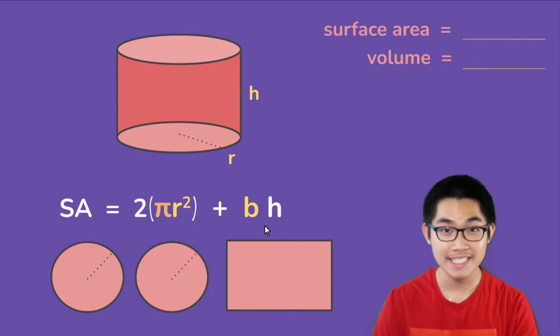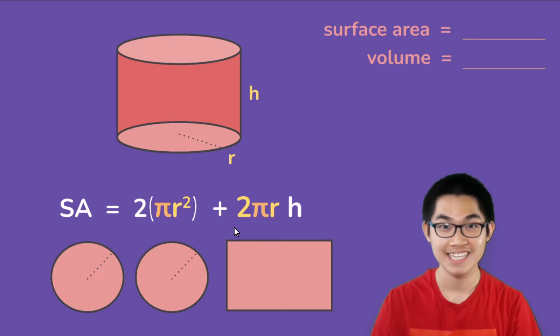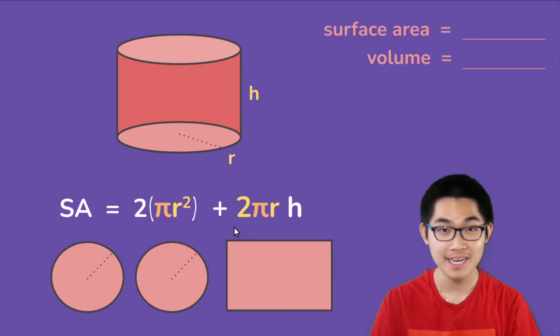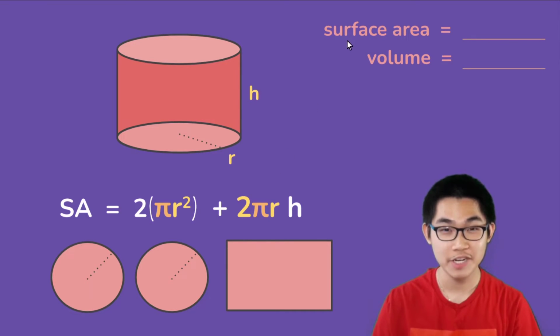And remember what I said before, the base of the rectangle is the same as the circumference of the circle. Now, if you remember from my previous videos, the circumference of a circle is 2 times pi times r. And so that is the formula to calculate the surface area of the cylinder.